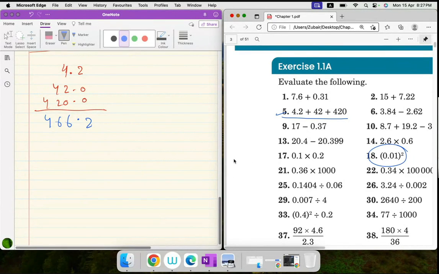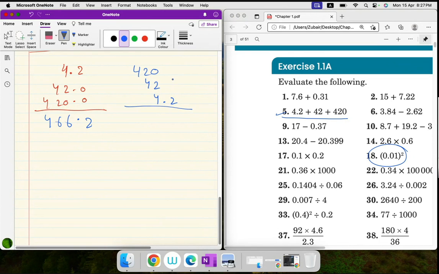That's already more than 400. See, 420. Then there is one number that is 42. Then there's one number that is 4.2. It is about the placing of the decimal, where you place it. Yes, sir, it's now 460, 466.2.